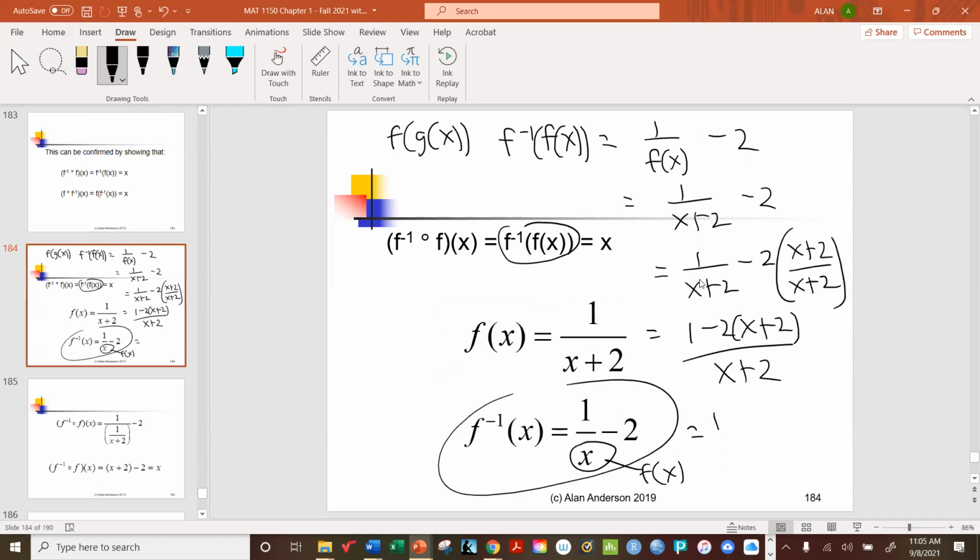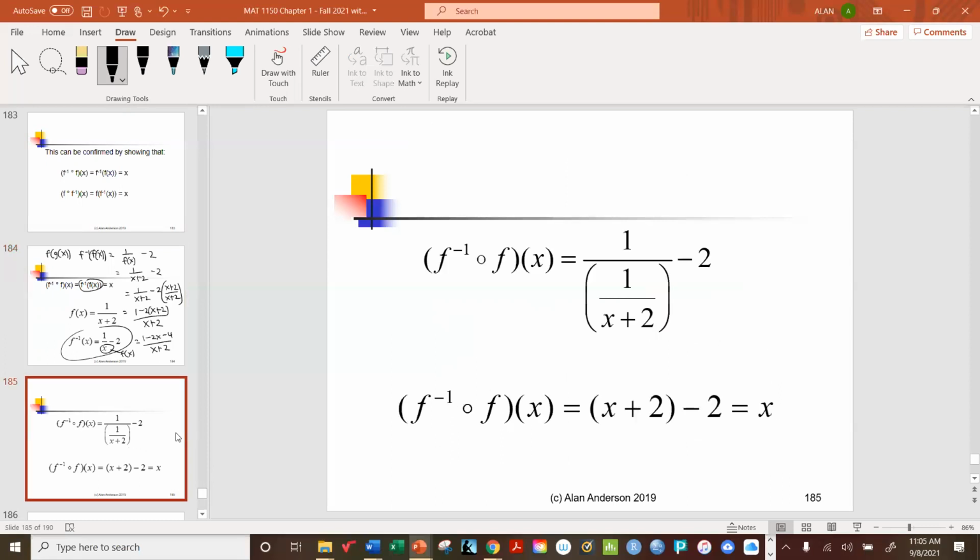And then I have now 1 minus 2x minus 2 over x plus 2. Let's see. No, sorry, I messed it up. Sorry, this is 1 minus 2x minus 4. Okay, something's not right.